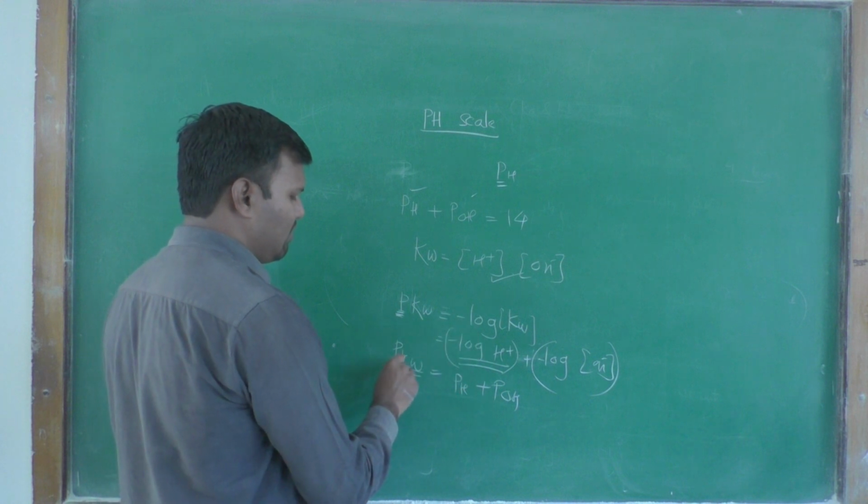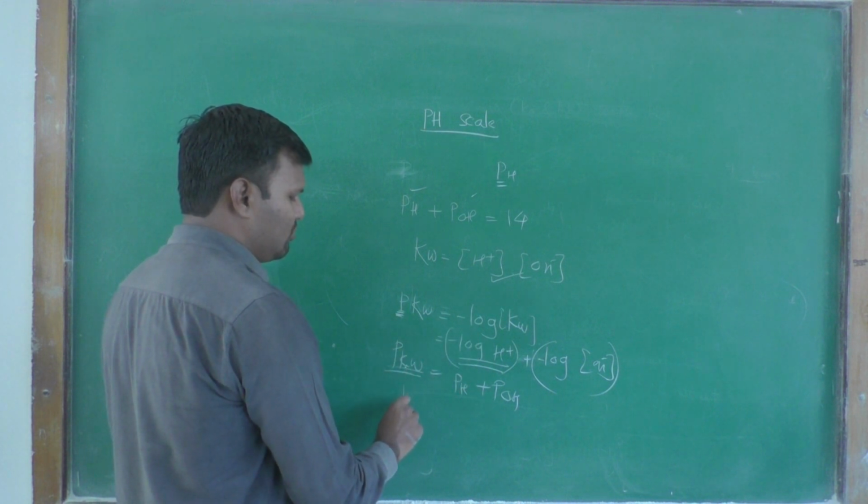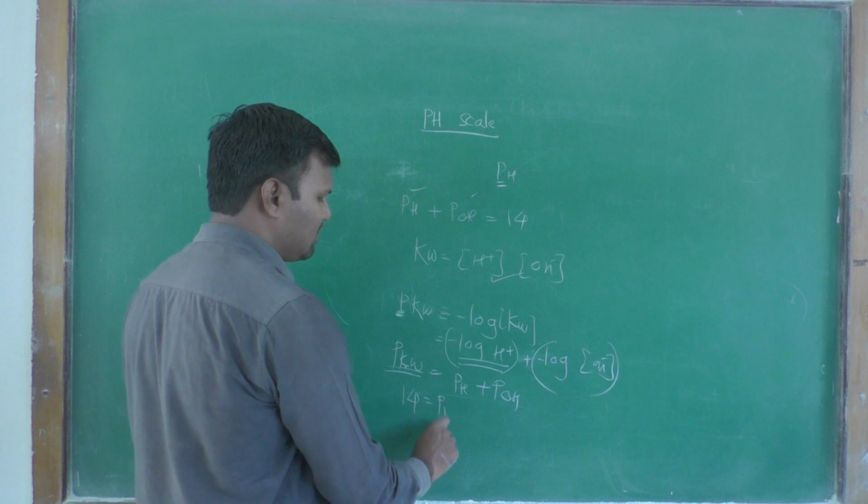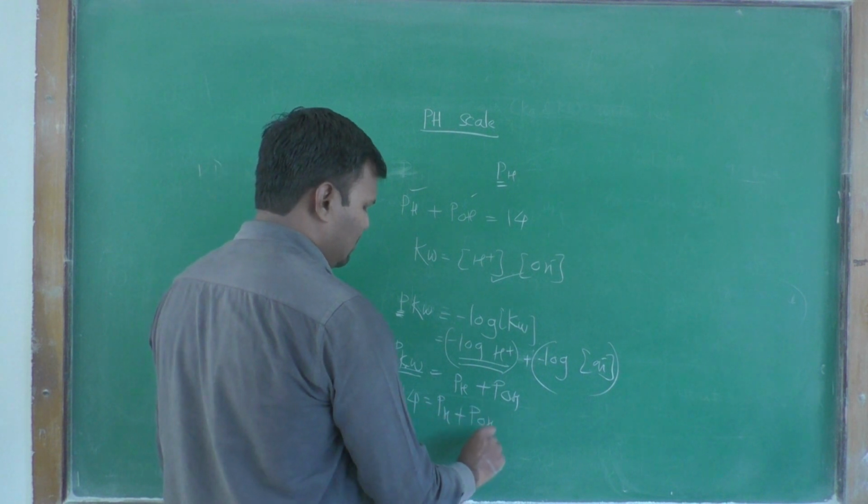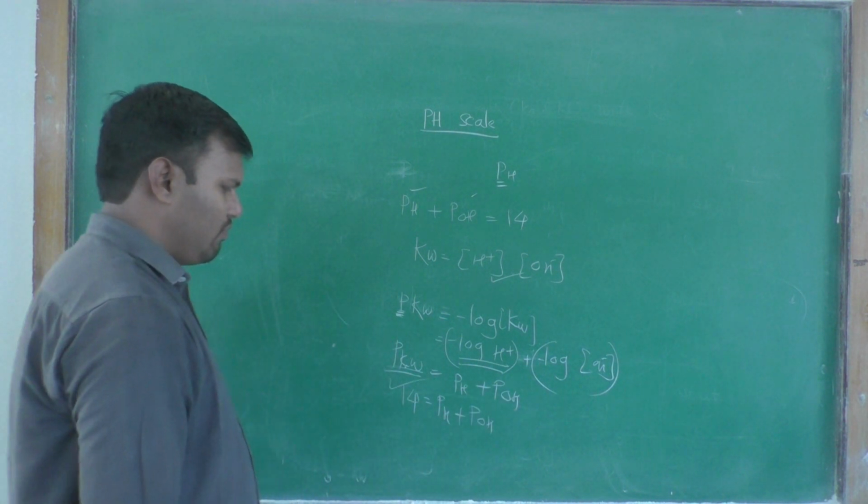When you put in the values, pKw will be 14. Therefore pH plus pOH is 14.